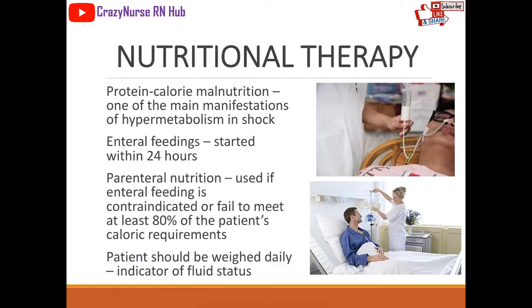Large weight gains are common because of the third spacing of fluids. Therefore, daily weights serve as a better indicator of fluid status than caloric needs. Serum protein, total albumin, BUN, serum glucose, and serum electrolytes are all used to assess nutritional status.